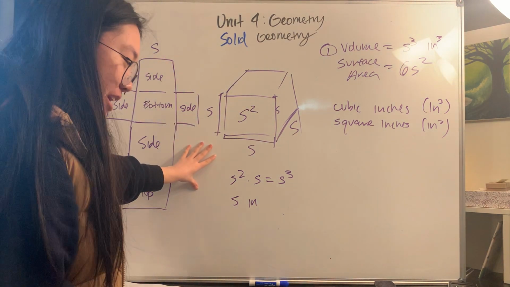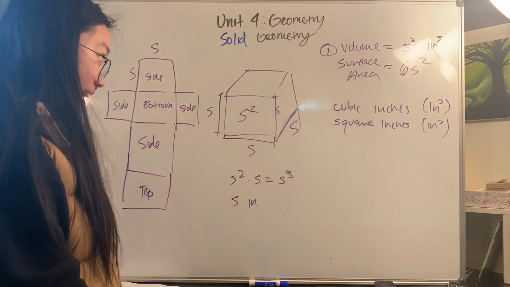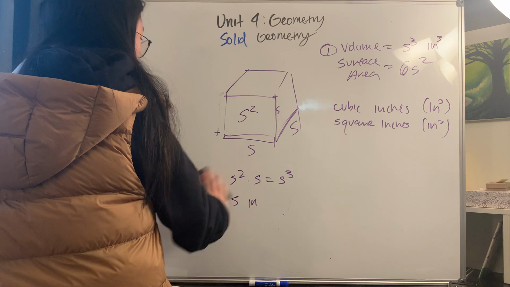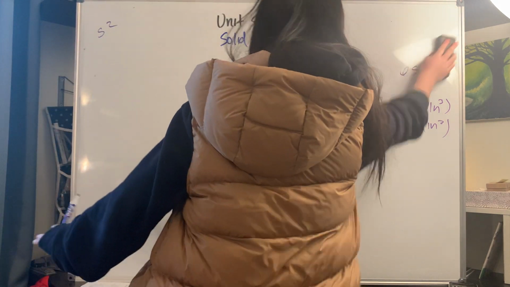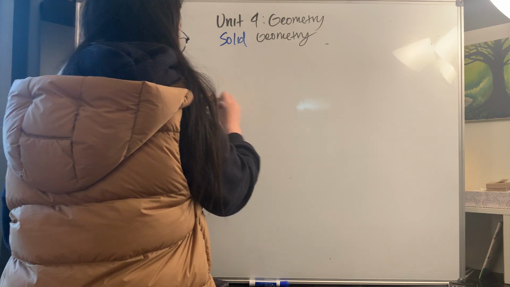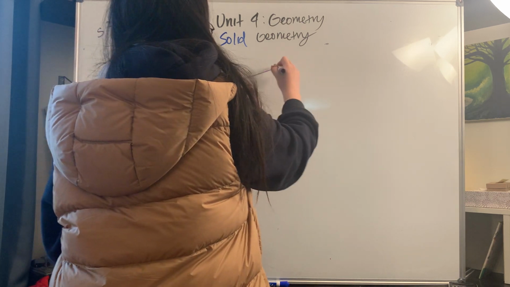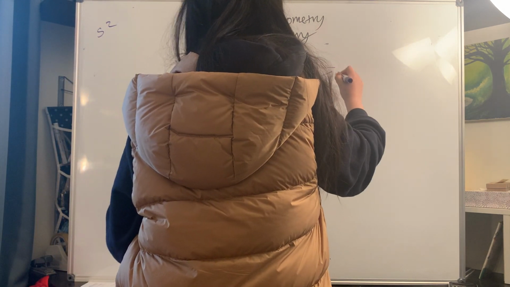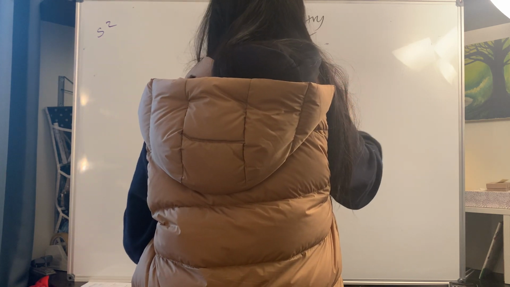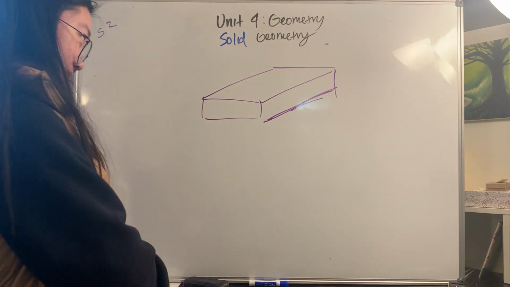Of course, cubes are not the only type of prisms that we can talk about. Instead of cubes, let's do rectangles, rectangular prisms. And a rectangular prism would look something like this. Did I do my freehand correctly? Hopefully. Okay, a rectangular prism would look something like this.